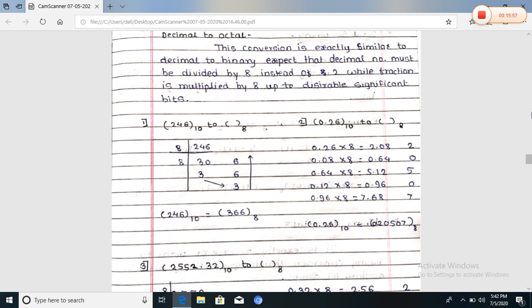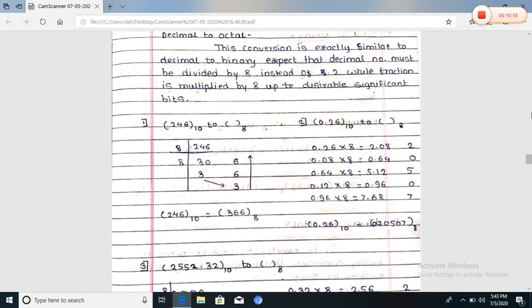First example, 246 base 10 converted into octal. 246 is divided by 8, and we note the quotient and remainder. The answer is read from bottom to top, that is 366. That is the conversion of 246 decimal to octal.